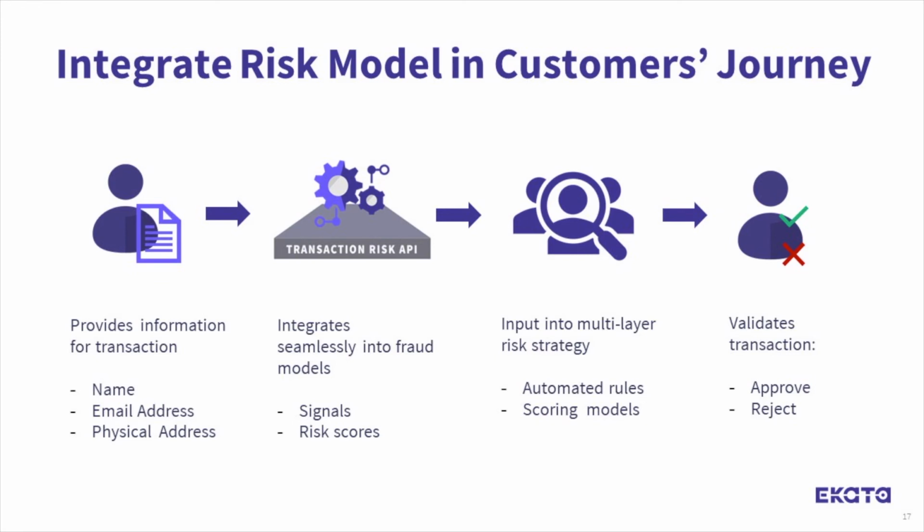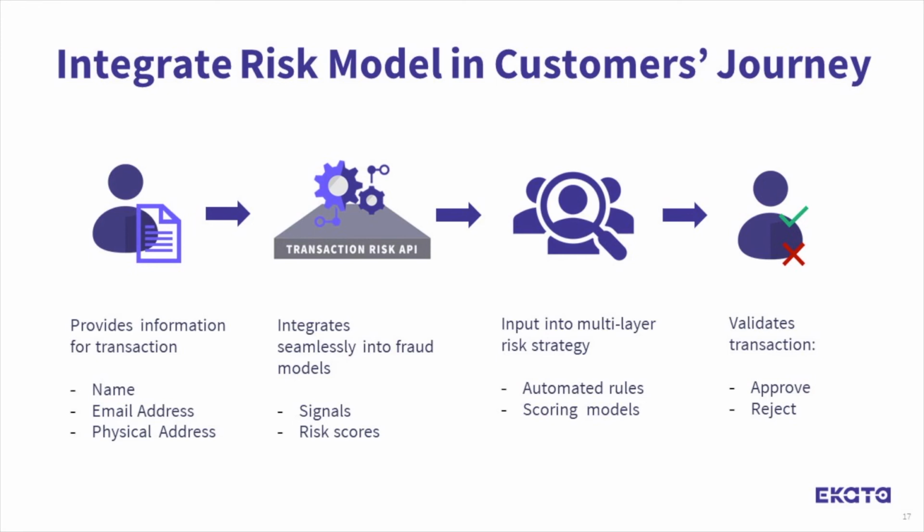One of the key capabilities of our transaction risk API is its blazing fast speed, P99 of less than 100 milliseconds globally. The responses that we provide, you can use in your fraud models or rule-based systems to check whether this person's information is adding up and the behavior is legitimate.